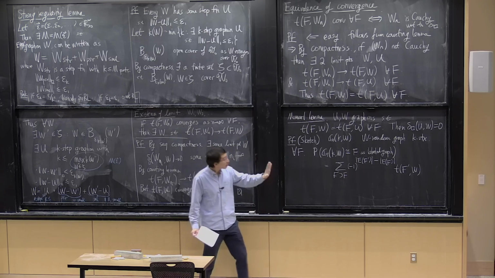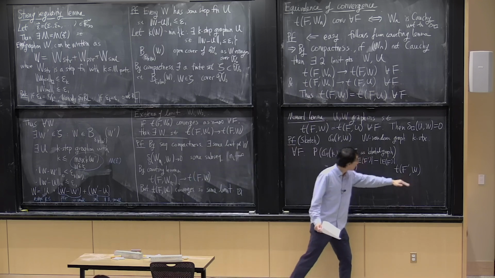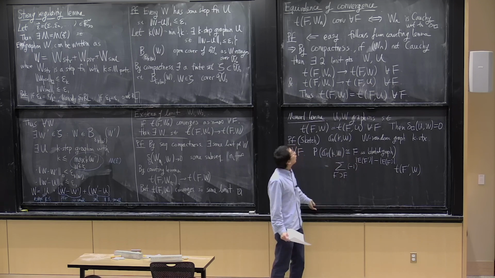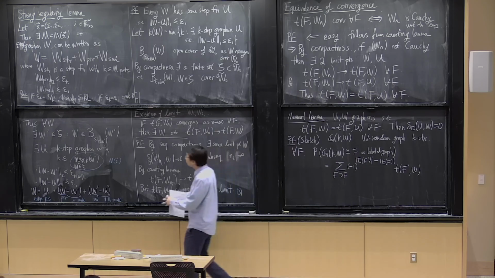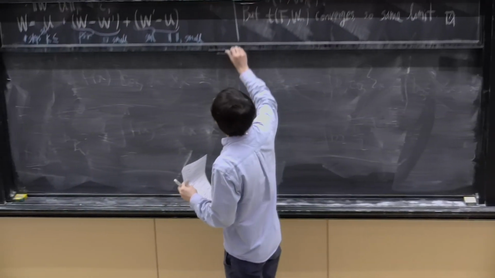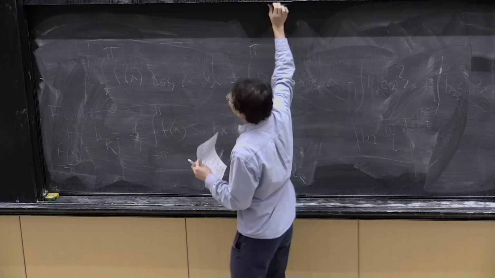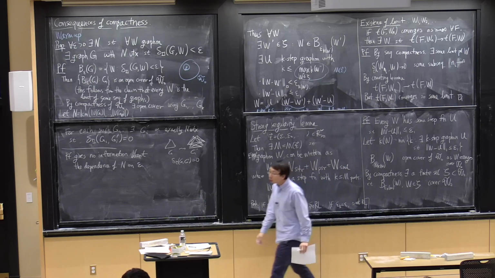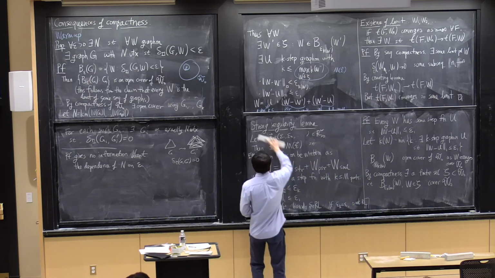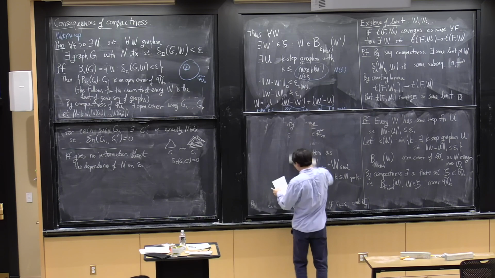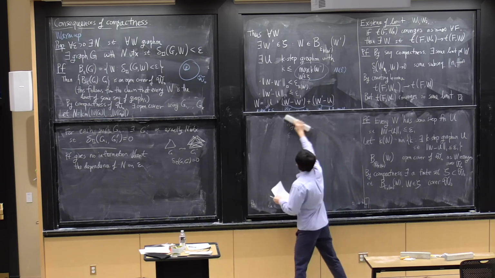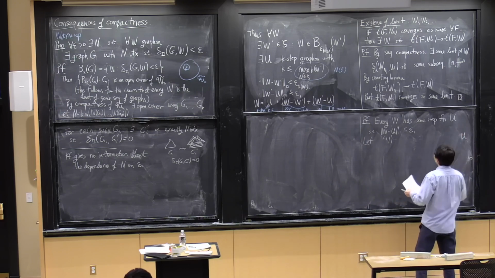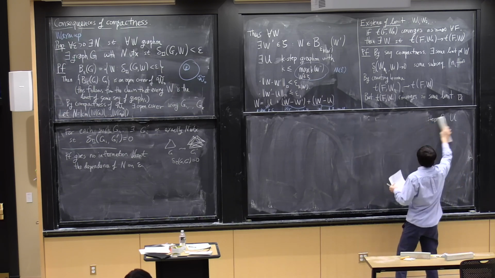But the point is that if you knew this data, the moments data, then you immediately know the distribution of the W random graphs. So if I have two graphons for which I know that their F densities agree, then I should be able to conclude that the corresponding W random graphs also have the same distribution.